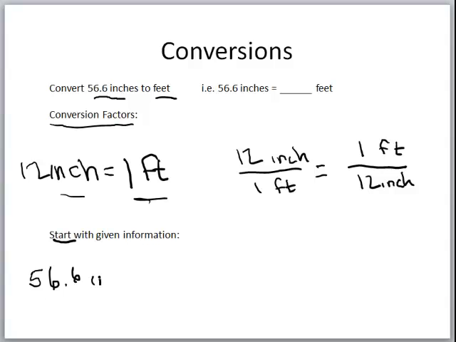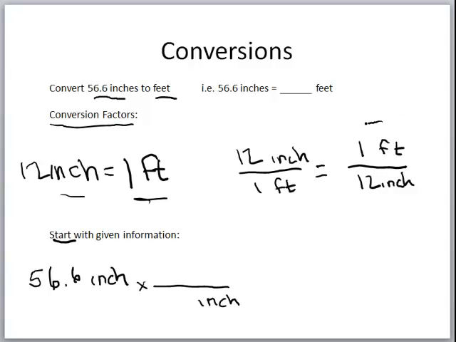56.6 inches. Now what you want to do is set up a conversion factor, or a fraction, to convert from inches to feet. The way we're going to do this is whatever we start with always goes in the denominator of the first conversion. If you can remember that rule alone, that's probably 80% of the problem. Whatever unit you start with goes in the denominator of the first conversion factor, almost without exception.